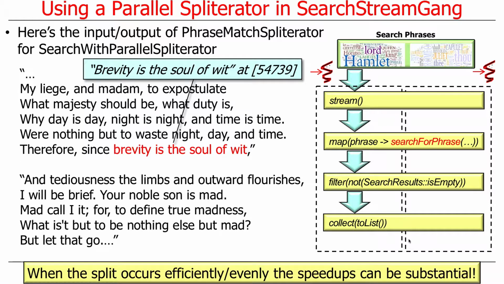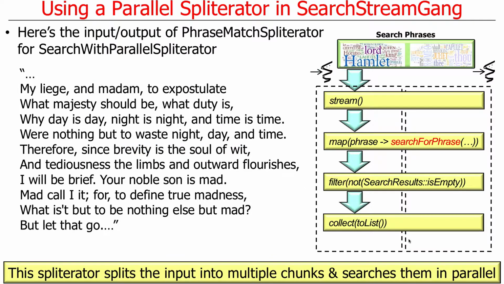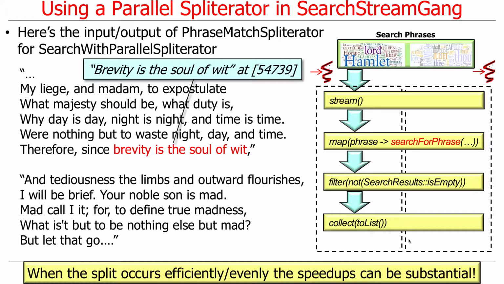Let's assume, for the sake of argument, we're searching for "brevity is the soul of wit." That's the phrase we want to look for. The PhraseMatchSpliterator, when run in parallel mode, is going to break the work up into chunks, and then search for the phrase in each chunk in parallel.